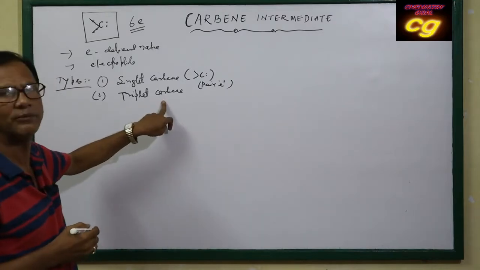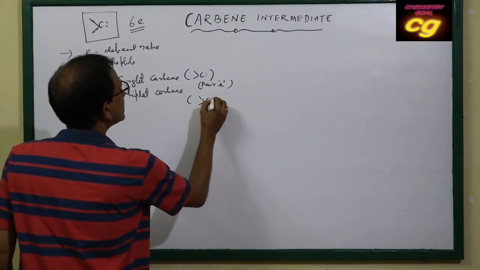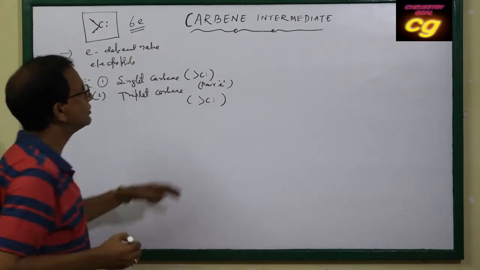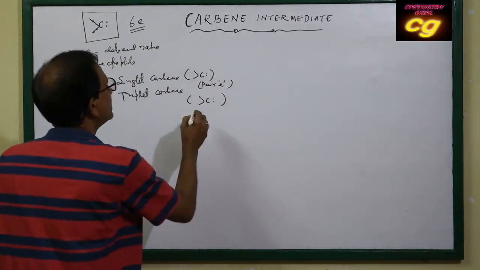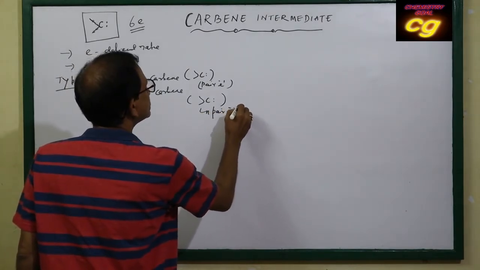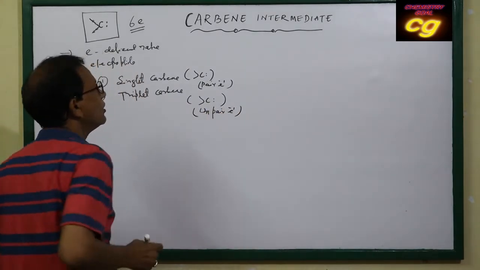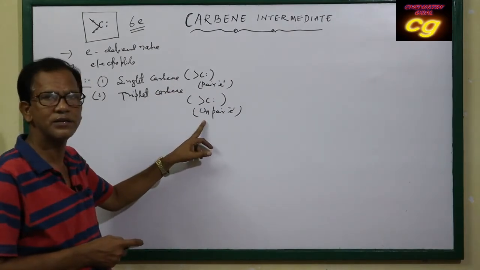But in triplet carbene, the structure is the same, but these two electrons remain in unpaired form, that is unpaired electrons. So this is the difference between singlet carbene and triplet carbene.